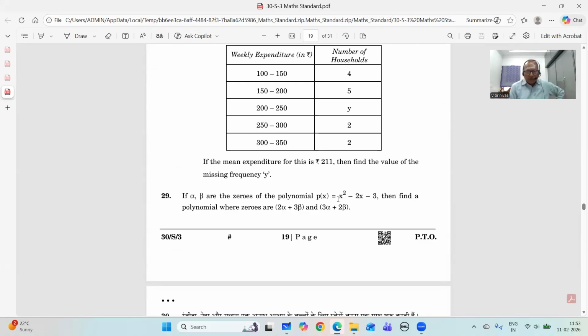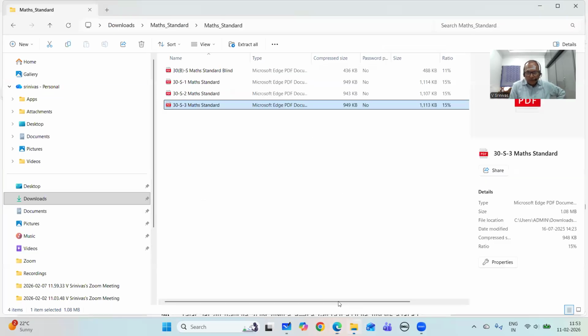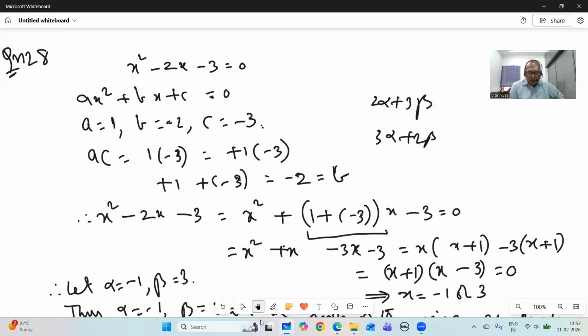And for this, we have computed alpha and beta, and we are asked to form the quadratic polynomial whose roots are 2 alpha plus 3 beta and 3 alpha plus 2 beta, where alpha and beta are the roots of this. This is actually p of x.